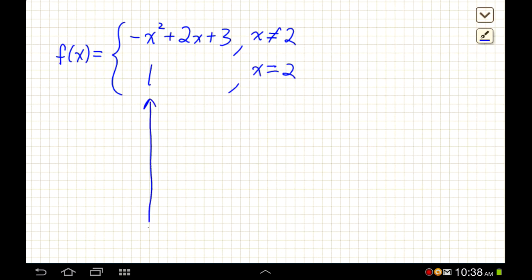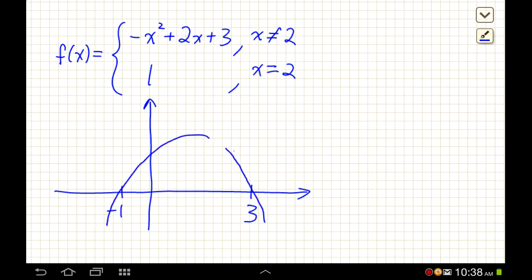Well, graphically speaking, again we can consider the two zeros to help us graph the parabola. Our parabola looks exactly the same everywhere else except when x equals 2.